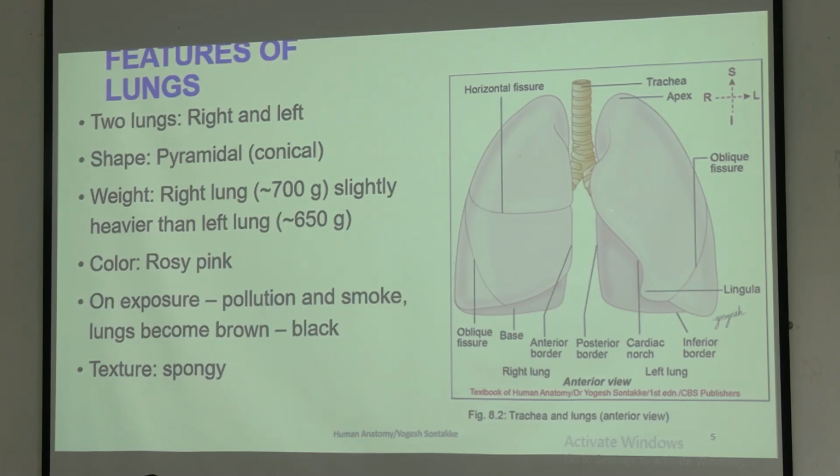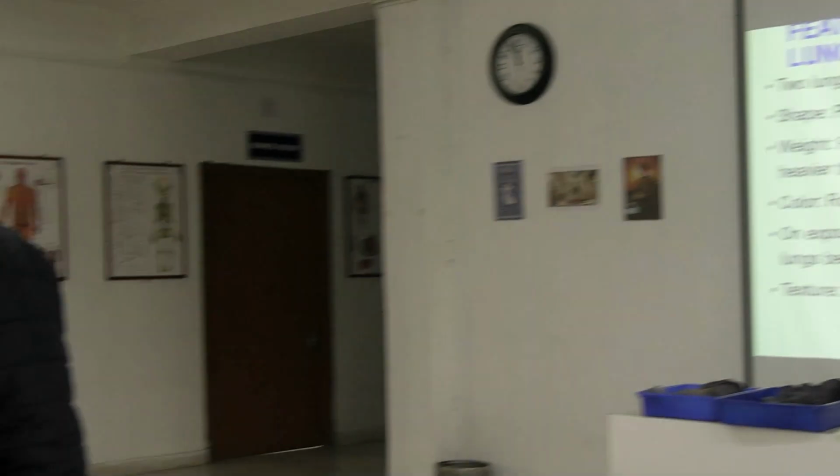Now texture, spongy. You go to a mutton shop or a chicken shop and ask them for a lung. Feel it, red, pink. I'm talking about the color, and you feel the consistency. Over here you will feel the consistency same, spongy.